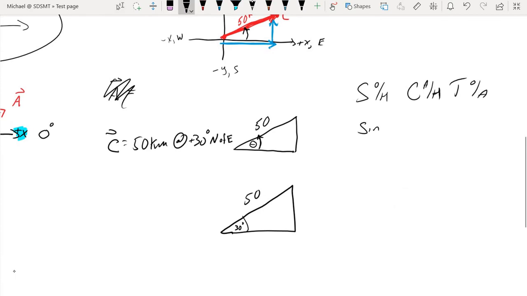So sine of theta would be the opposite leg over the hypotenuse. Cosine of theta is the adjacent leg over the hypotenuse.